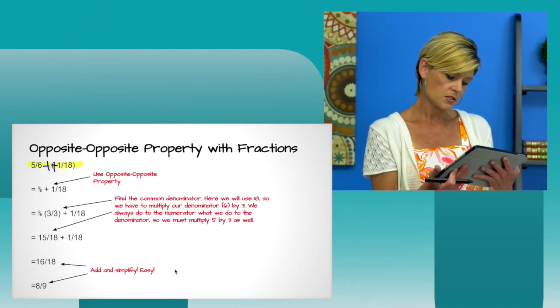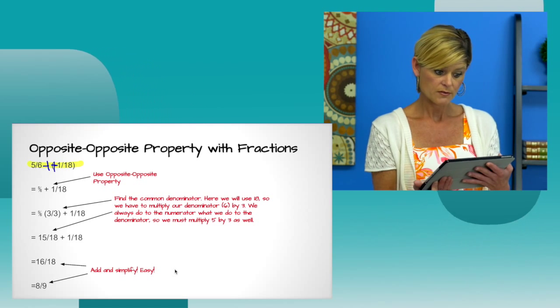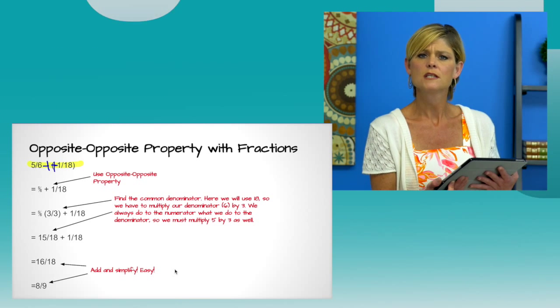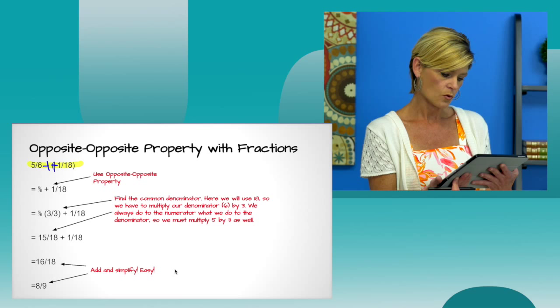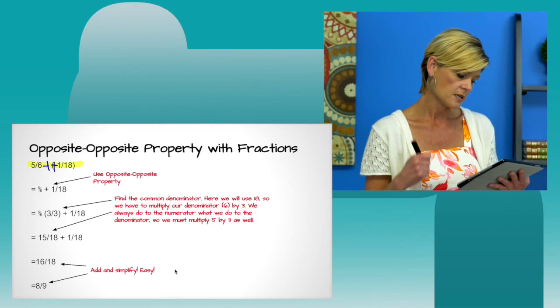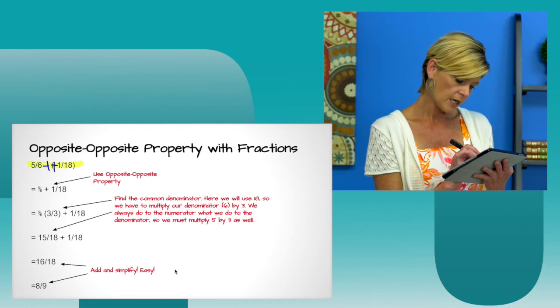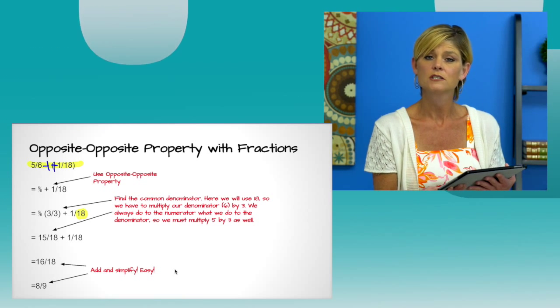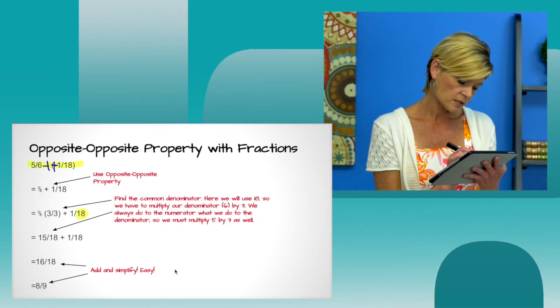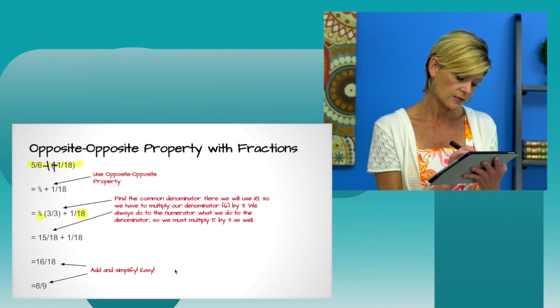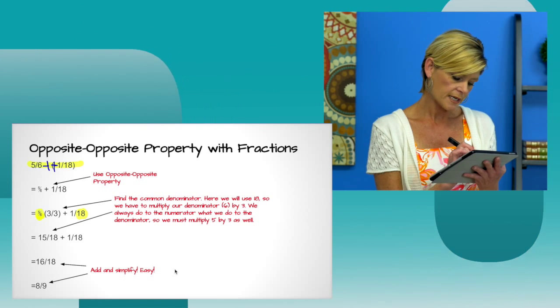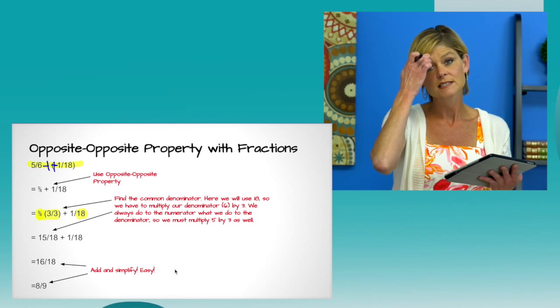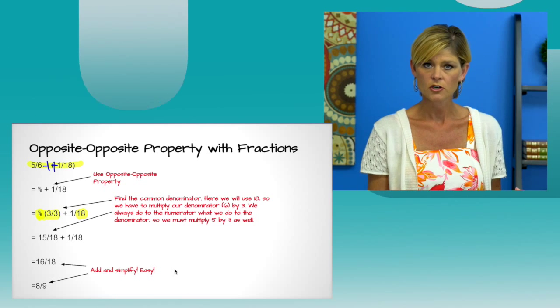Now the next thing we need to do, as I've said several times, is find the common denominator when we are adding or subtracting fractions. In this case, we're adding fractions. We're off to an easier start because the denominator of the second fraction is 18, and we know that 6 can go into 18. All we have to do is multiply that 6 by 3 to get to 18, our common denominator.